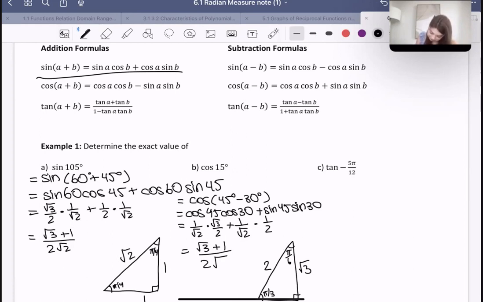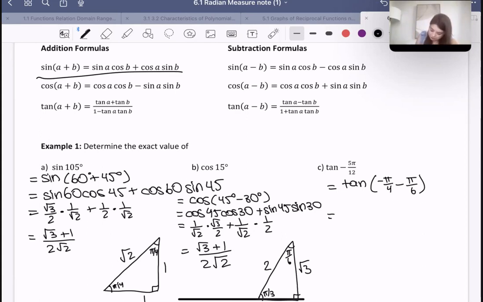So that's good. Awesome. All right, and then now we have a tangent of negative 5 pi over 12. Well, let's see. Well, negative 5 pi over 12 is the same as negative pi over 4 minus pi over 6. And that looks suspiciously like two things in our special triangle.